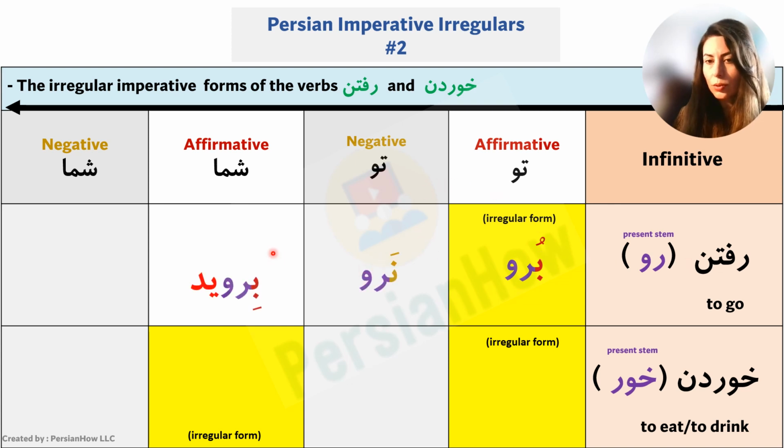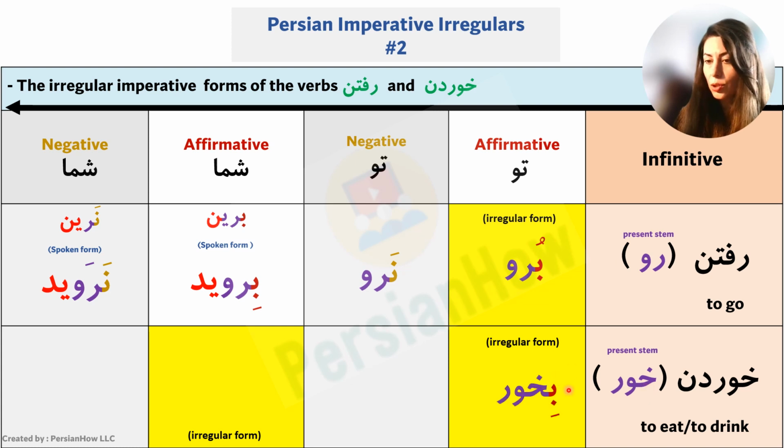So نرو, بروید, which the spoken form is برین, and نروید, which the spoken form is نرین. For the verb رفتن, the spoken form is very different than the formal form, and you just have to memorize it. And then خوردن, خور is the present stem.